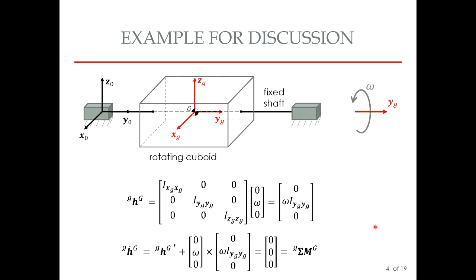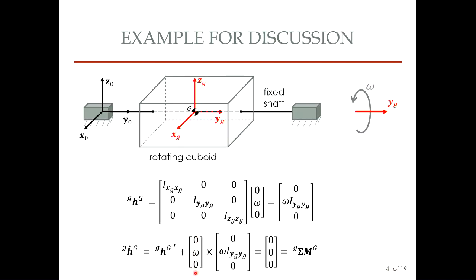Okay, now what I want you to notice is that the special case of zero moment applied on the cuboid to preserve this motion happens because our vector of angular velocity is parallel to the vector of angular momentum.